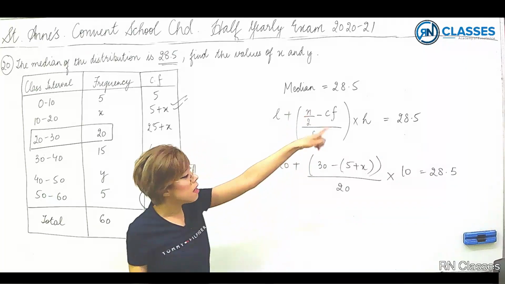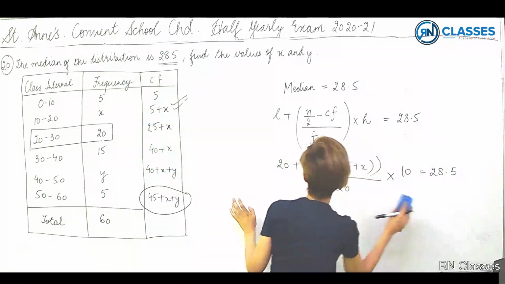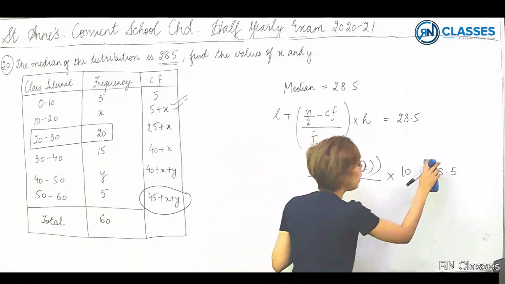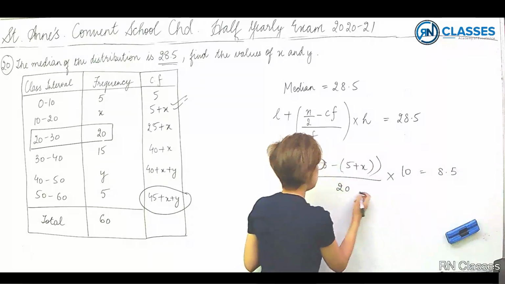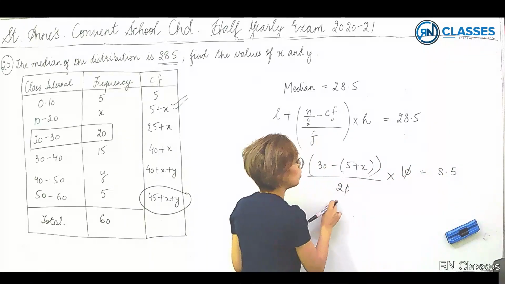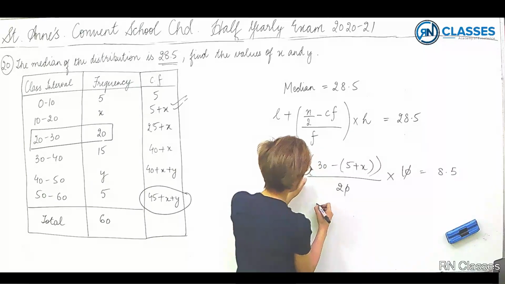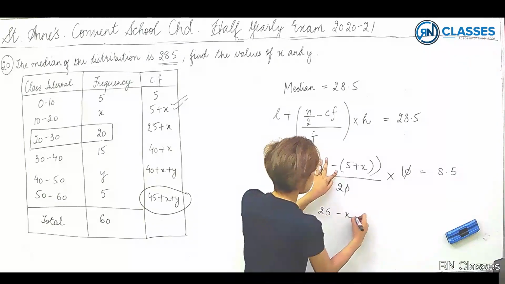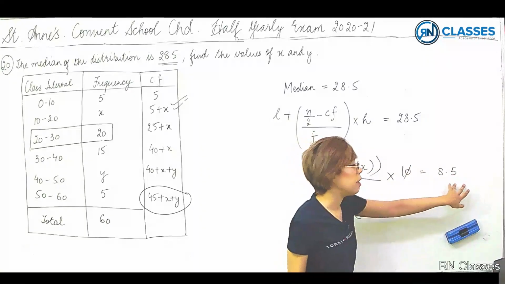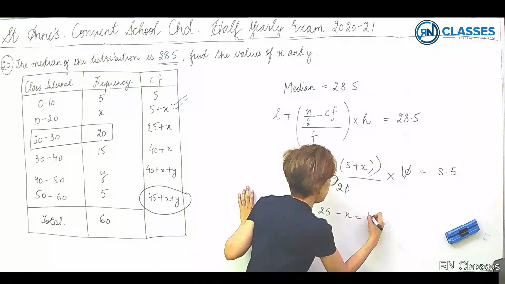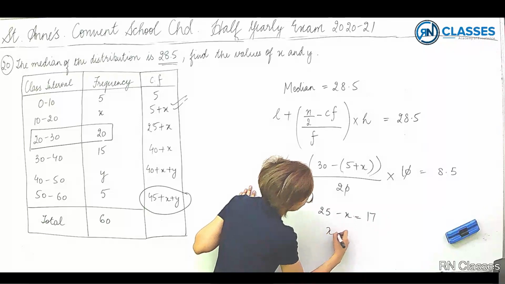Let's transpose it. So that means I will get this is equal to 8.5. This gets cancelled. So let's cross multiply. So this is 30 minus 5. So 25 minus x equal to 2 into 8.5, which is 17. So x will turn out to be 8.